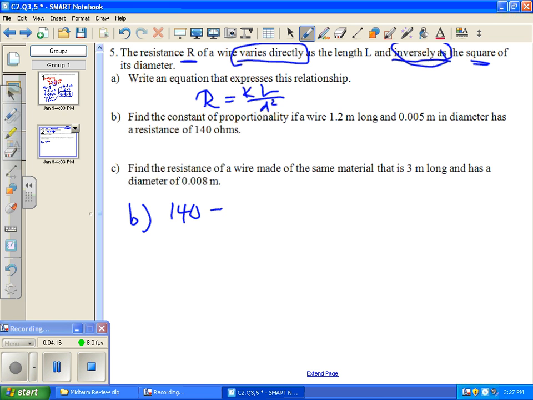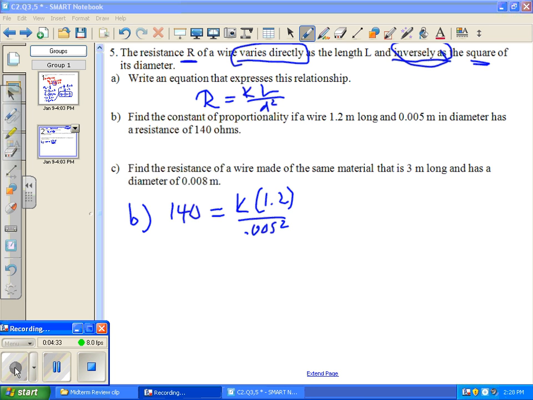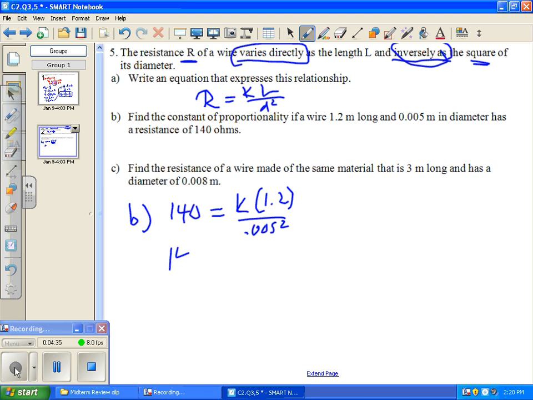So 140 equals K times the length, which is 1.2, over 0.005 squared. Punch all of these in the calculator. We get 140 equals K times 48,000.